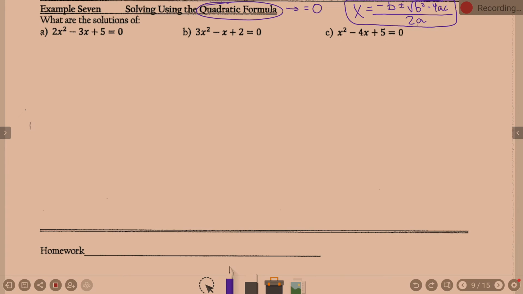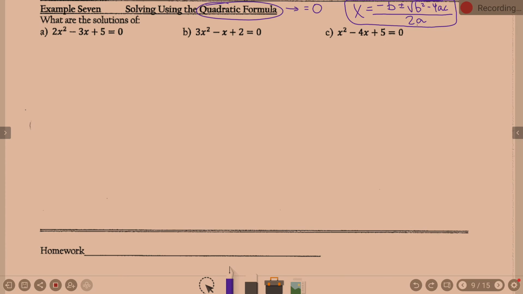Okay, so write it in your notes somewhere, or flip back to lesson 4.7. x equals negative b plus or minus the square root of b squared minus 4ac all over 2a. Sorry, mine got a little sloppy there.